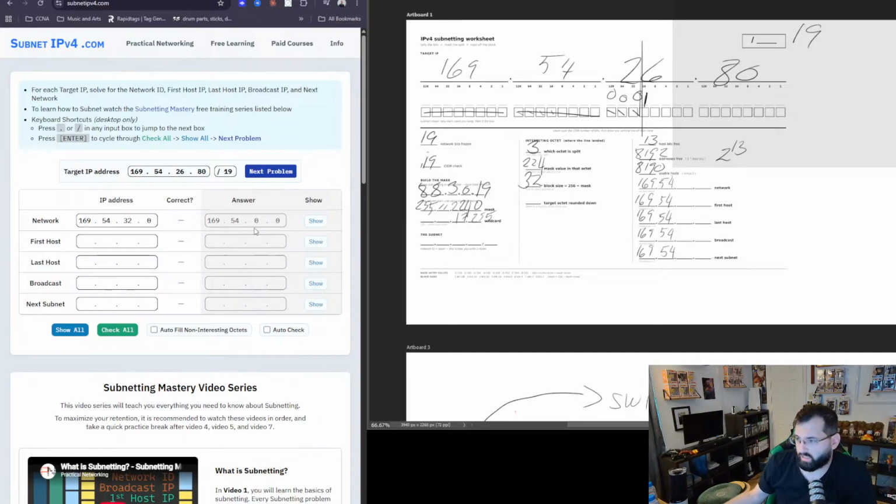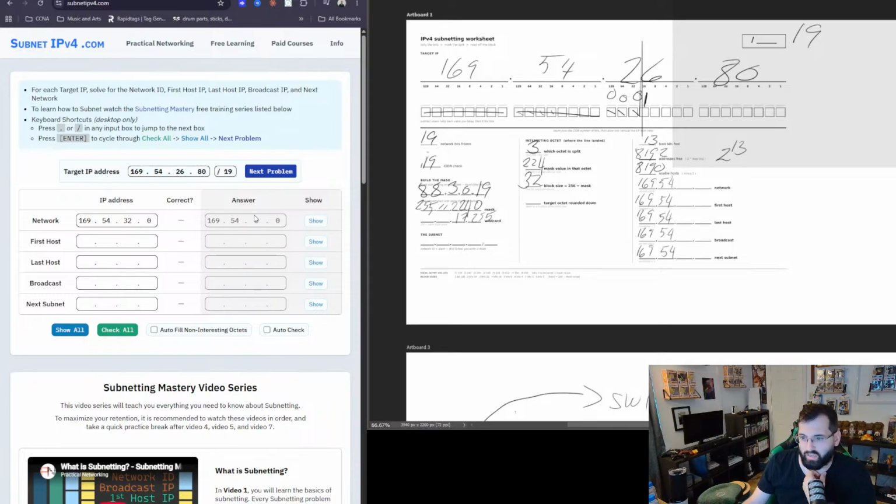So you're telling me that the network right here is 31? Oh, I typed it in wrong. No, I typed it in correctly. How is it not? Okay, so then why did this tell me 0?